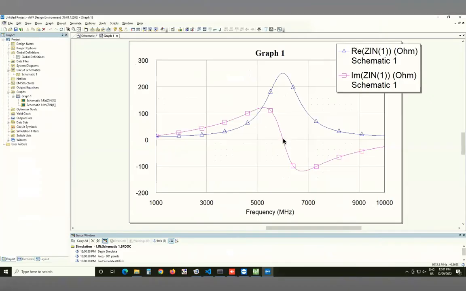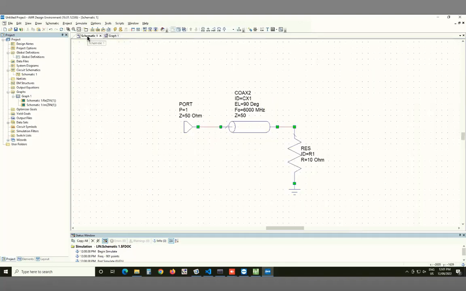Exactly at the frequency for which the section is quarter wave, the imaginary part is 0, and the real part is 250 ohms, which is what we saw yesterday. That's the transform value. This 250 comes from Z naught square over RL, so 50 squared is 2500 divided by 10 is 250.